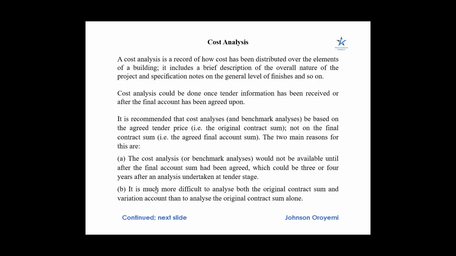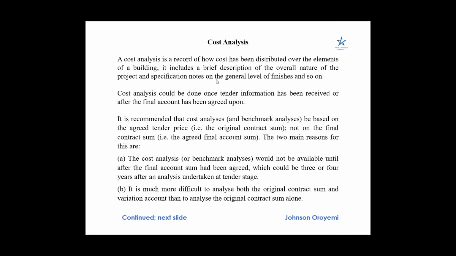It is worthy that we note that in carrying out cost analysis for a project, we need to include a brief description of the overall nature of the project as well as specification on the general level of finishings, so that when we are making use of the cost information from the cost analysis, we have a grasp of some of the things that we need to consider for a new project.